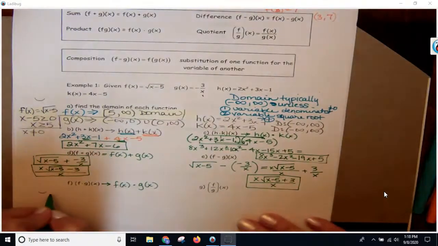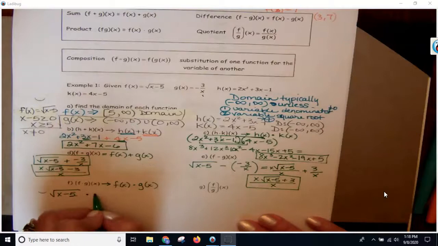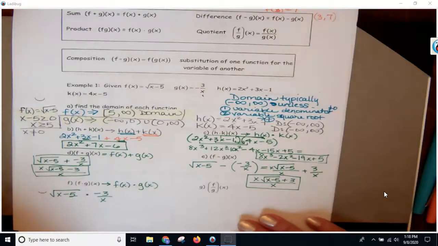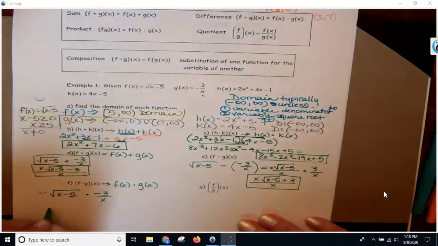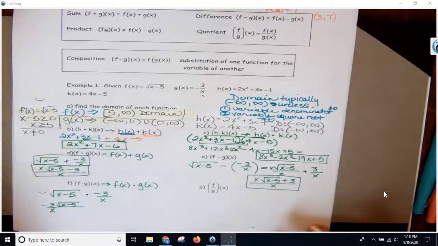So we're going to take the square root of x minus 5 times negative 3 over x. And again, you just multiply it, so that's just going to be negative 3 over x, x minus 5. You can't simplify any of this anymore.